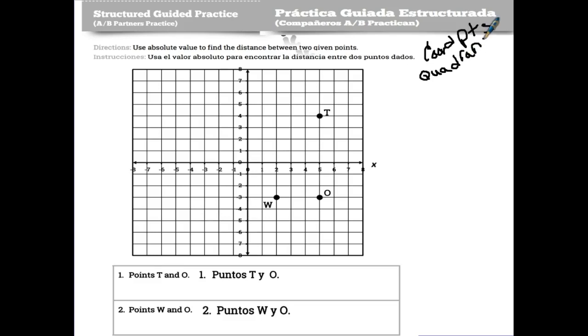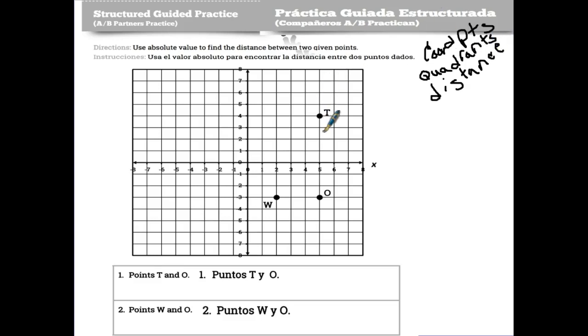And then I want you to determine the distance. Determine the distance by counting, and then write the absolute value for the coordinates that change and find your answer using the absolute value.